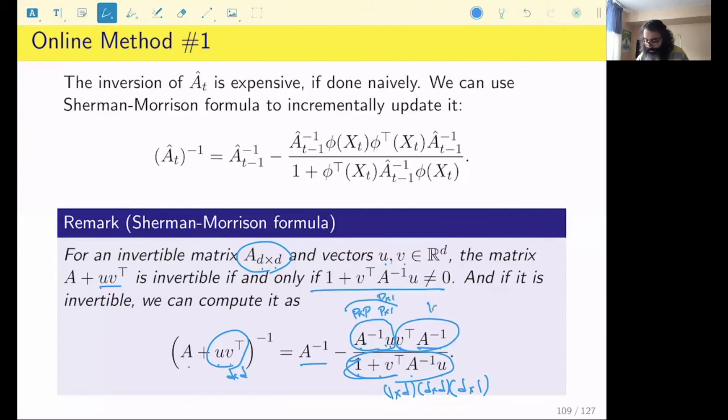And then we have v transpose A inverse, which is 1 by p. The resulting quantity is a p by p matrix, but it has a nice structure because it is like an outer product of two p-dimensional vectors. Sorry, here I should have talked about d. Everything is d here, so p is d. Okay, so we can use this formula in order to compute our inverse.